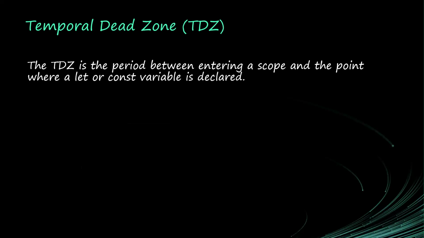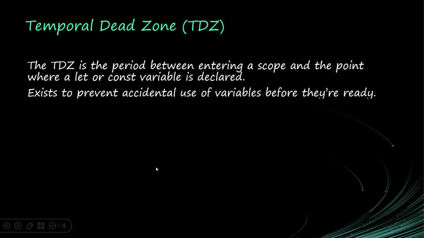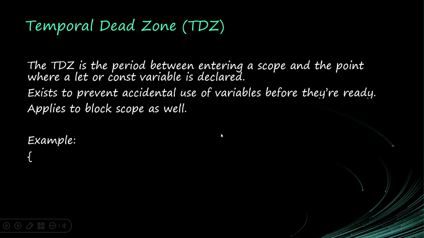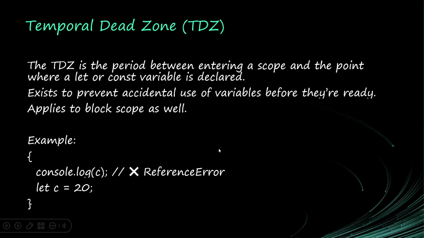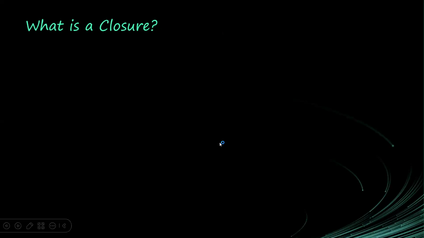Always declare your variables before you use them. As simple as that. Okay? It exists to prevent accidental use of variables. So this is a JavaScript mechanism to prevent errors. All right?